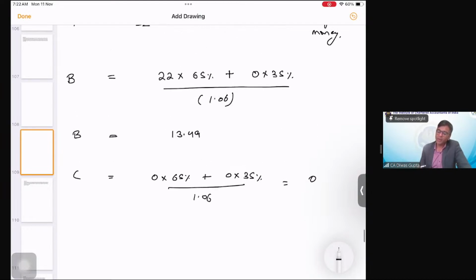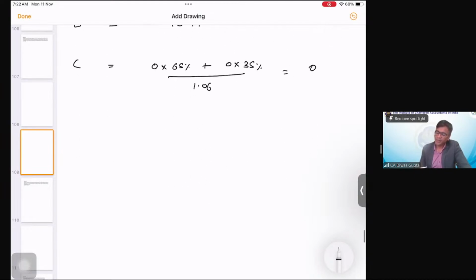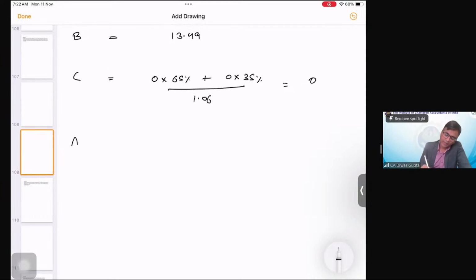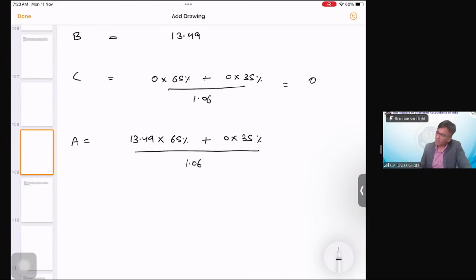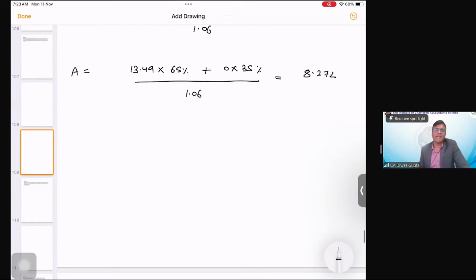So B becomes 13.49, C becomes 0. Now accordingly A will be the weighted average of B and C. It will be 13.49 into 65% plus 0 into 35% divided by 1.06. Accordingly, it becomes 8.272. So the value at A becomes 8.27.